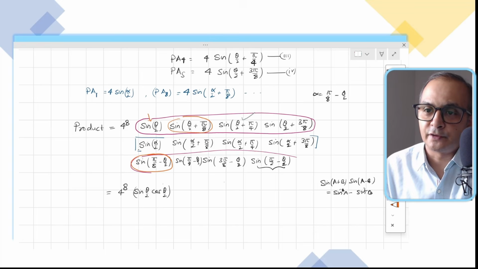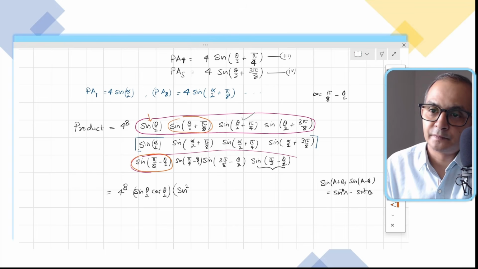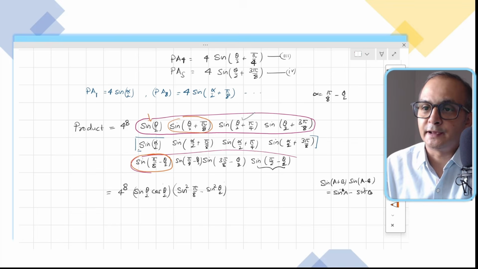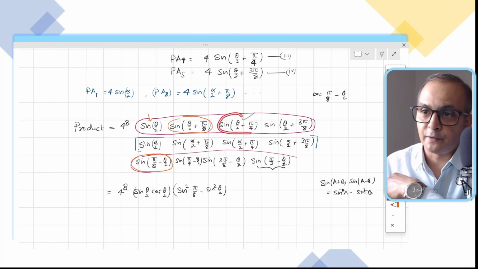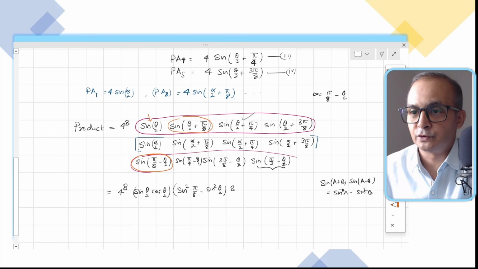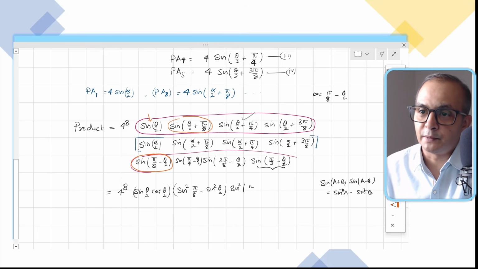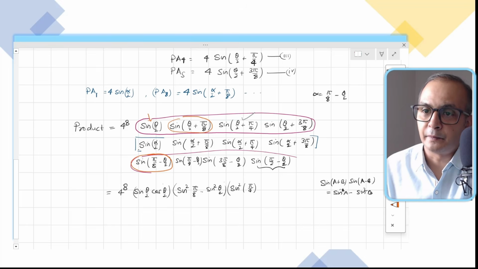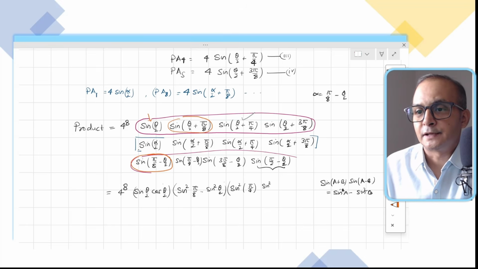So this I can write as sine squared pi by 8 minus sine squared theta by 2. Similarly, I can combine these two, sine pi by 4 plus theta by 2 and sine pi by 4 minus theta by 2. So that will give you sine squared pi by 4 minus sine squared theta by 2.